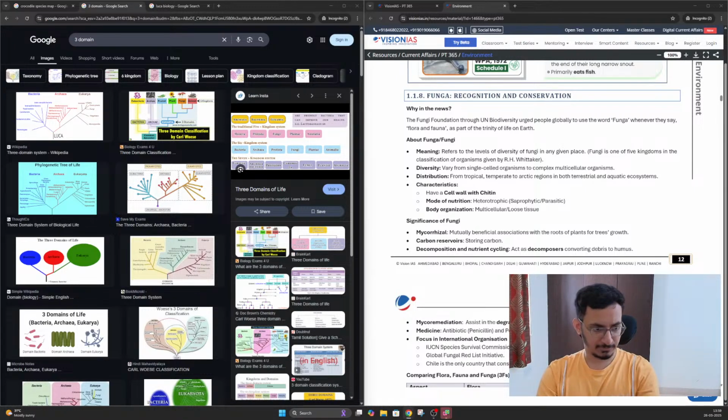Fungi are generally heterotrophs. That is, they survive by feeding off others.